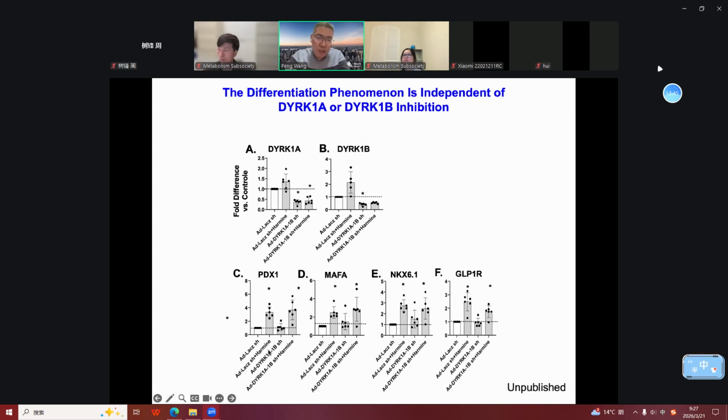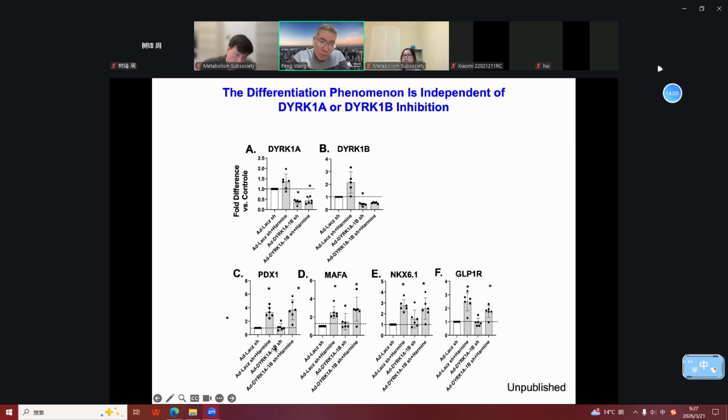And when we transduce this virus to the human islets, as you can see here, we have 4 conditions. We have control alone, control plus harming, and silence DRG1A and 1B, silence DRG1A and 1B plus harming. As you can see here, harming plus control can increase B cell function gene expression.